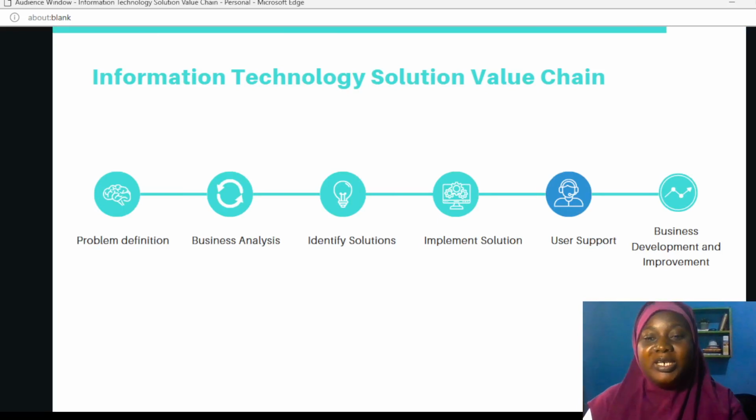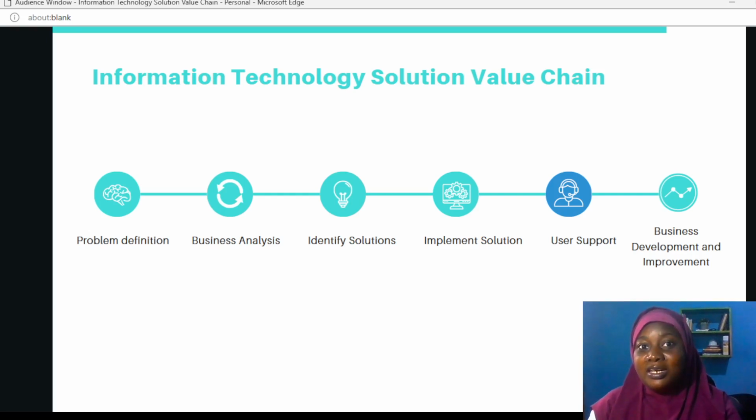So looking at it, we have various steps in the IT solution value chain, and you should know that these steps are not necessarily linear. There are different approaches or methodologies towards building IT solutions, and a lot of times several organizations are not doing this linearly.